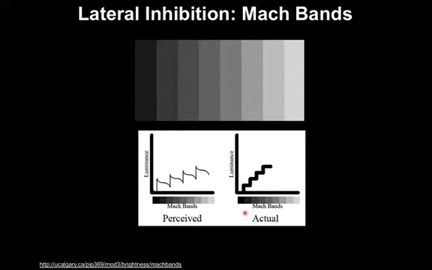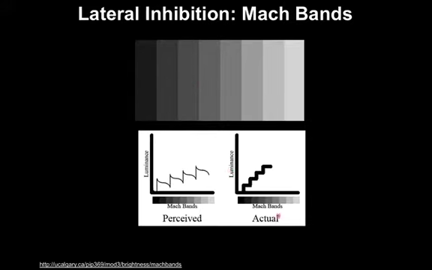So our perceived luminescence does not match the actual luminescence. In actuality, despite what you perceive, the luminescence of this band is the same here as it is over here. And I know you don't perceive that. However, if you were to print this slide out on an 8x10 piece of paper and cut the Mach bands along the lines between them, you'll see that when they're not juxtaposed next to one another, they are absolutely equal in luminescence from one side to another.